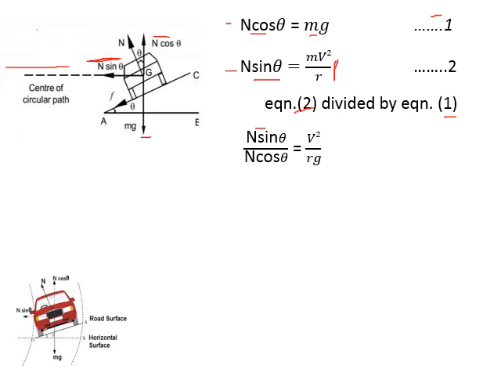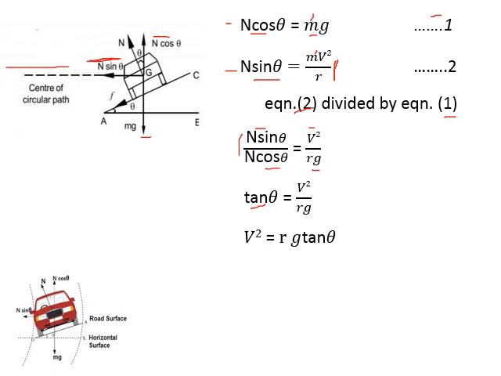n sin theta divided by n cos theta on the left hand side, and on the right hand side v square upon rg, because while dividing this m and this m will get cancelled. Next, we know that n sin theta upon n cos theta is nothing but tan theta. So it is replaced by tan theta. Further, we have to write down the formula for v.